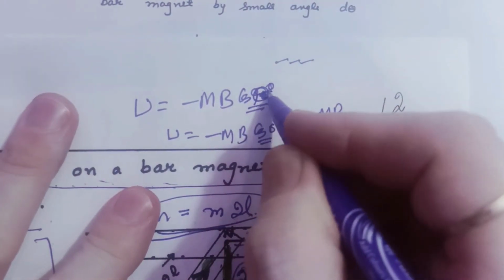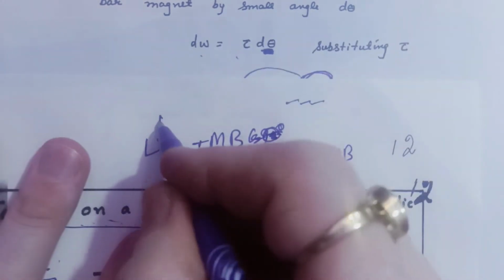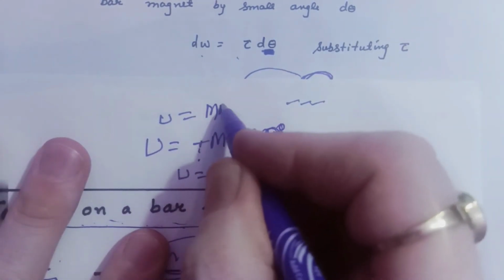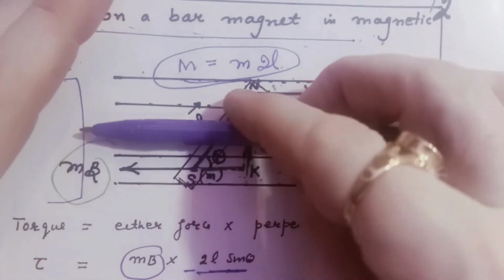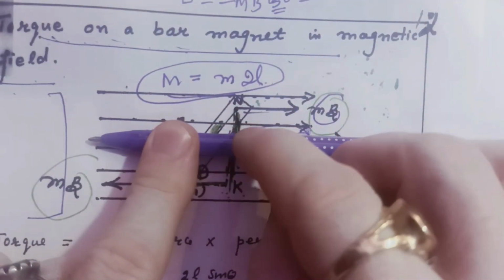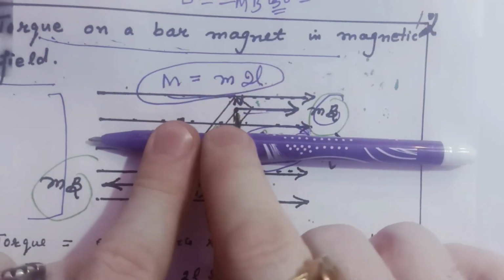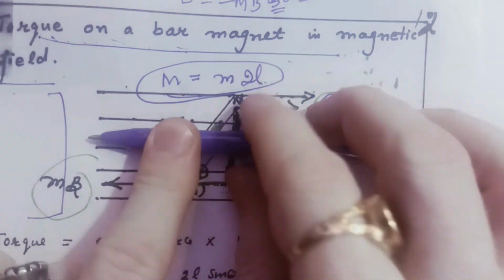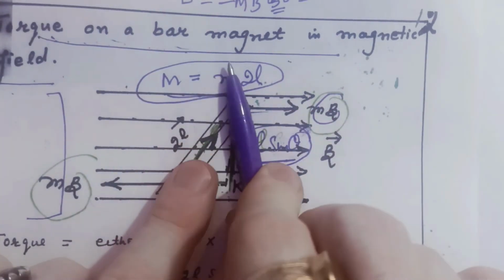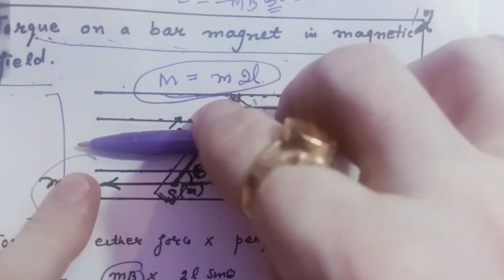Theta is 180, cos 180 is minus 1, minus minus plus, potential energy becomes mB. So when the magnet is like this, magnetic moment is opposite to the direction of the magnetic field, then potential energy is maximum. It means here it was 0, it is further increased by mB. So here potential energy is mB.